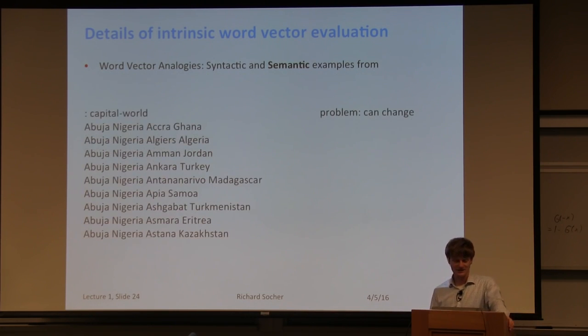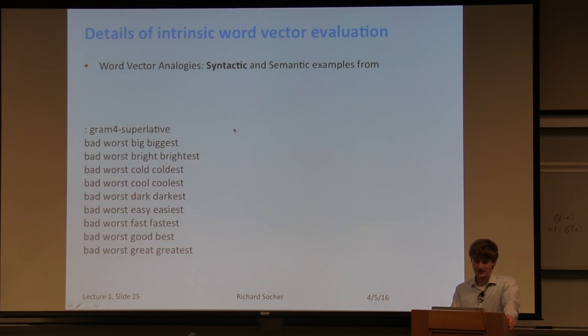So city and state is one, the capital is another one. Of course, here the problem is that those might change also over time. Then we have a lot of superlatives.